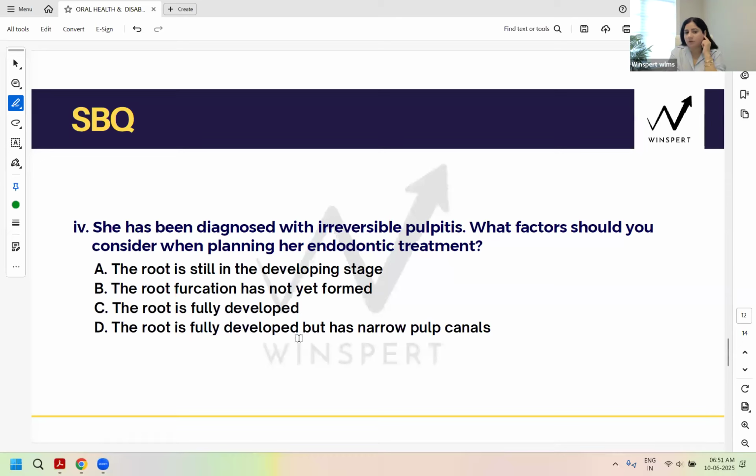Root is fully developed, or fully developed but has narrow pulp canals? Well, in the early stages, the canals are wider, right? As the tertiary dentine and secondary dentine deposit, the canals get narrower with age. Is that right? So A, B, and D, all three are ruled out as incorrect. And C is your best answer here? Yes.